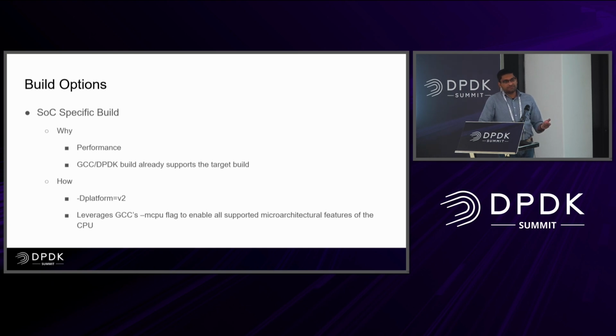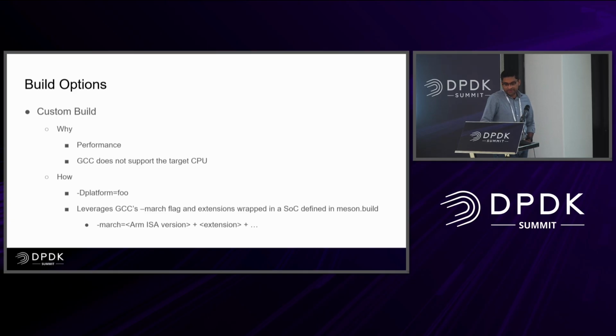If the GCC version does not recognize that particular CPU name, it will fail. DPDK's ARM build subsystem should also understand that argument. In this case I'm using V2 as an example. If you pass dplatform=v2, that builds a binary that works on Neoverse V2 line of CPUs.